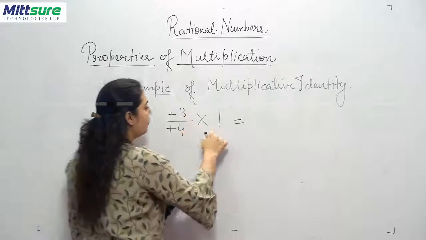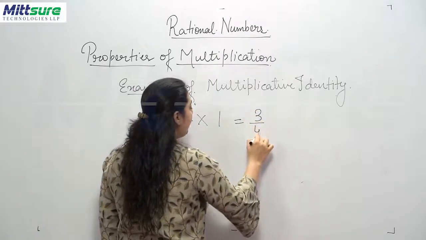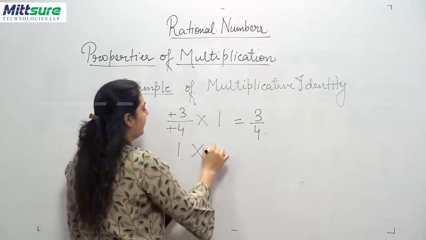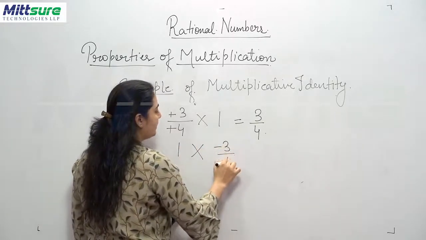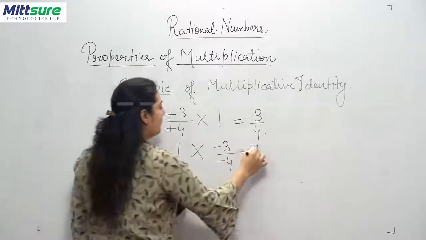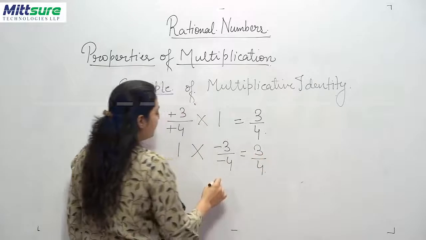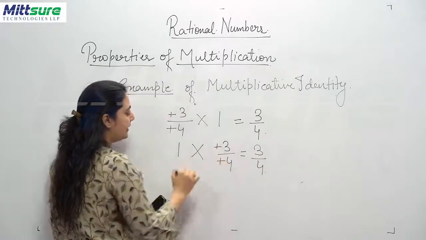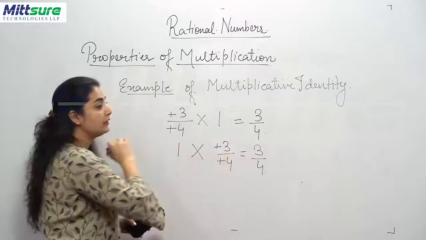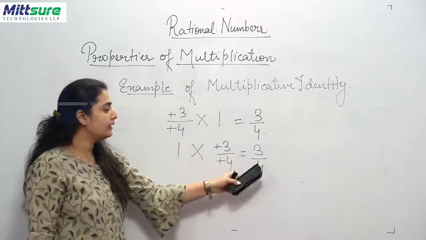So 3 upon 4 multiplied by 1 is 3 upon 4. Or if you multiply 1 by minus 3 upon minus 4, then also you are going to get 3 upon 4. Why? Because this negative sign got cancelled with this negative sign, and when you multiply 3 upon 4 with 1, then you are going to get 3 upon 4.